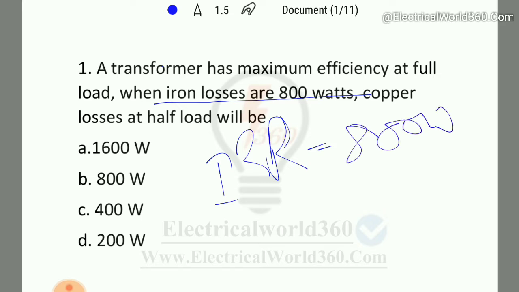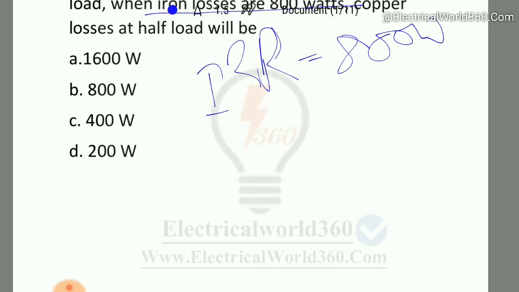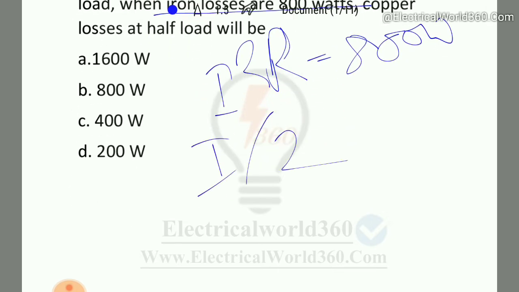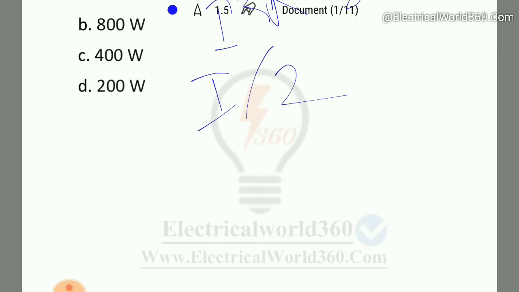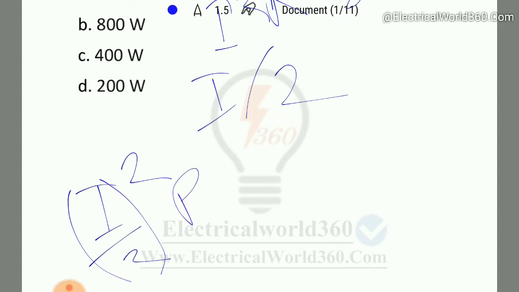And here the question asks what the copper losses at half load will be. So half load means I by 2. Then (I by 2) whole square R equals the answer.